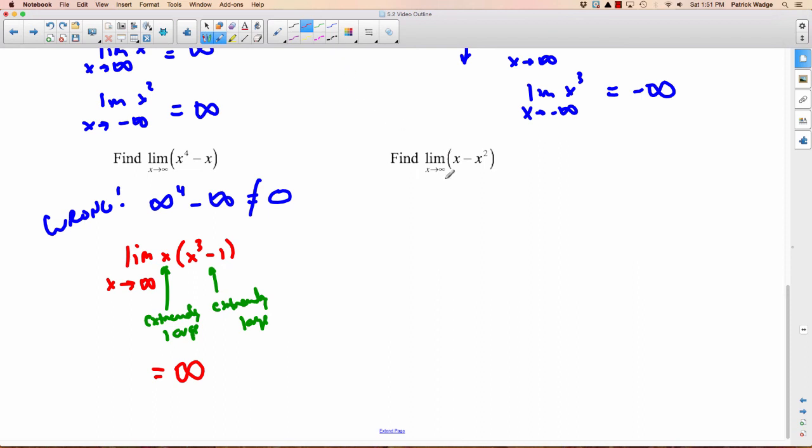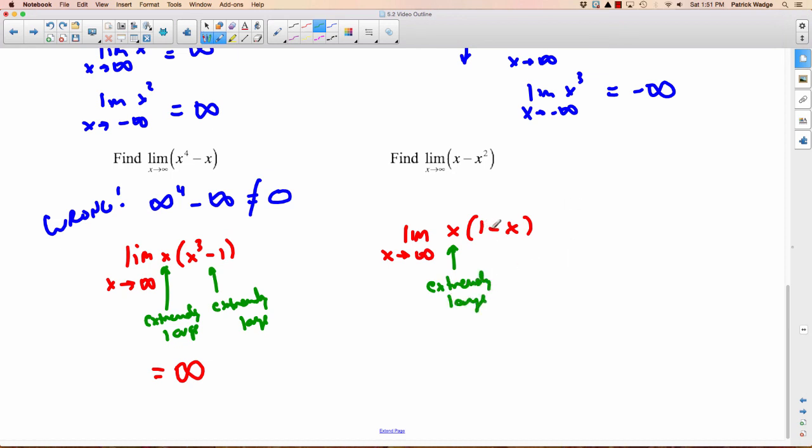Okay, very similar for this last one. Do not just plug in infinity here. You're going to have to do some factoring. So we're going to have the limit as x approaches infinity. Take out an x. You have 1 minus x then. Okay, so let's think of the two pieces. It's kind of like your fuzzy math, right? If you put infinity in here, well, that's just like what we did here. You're going to have an extremely large number.